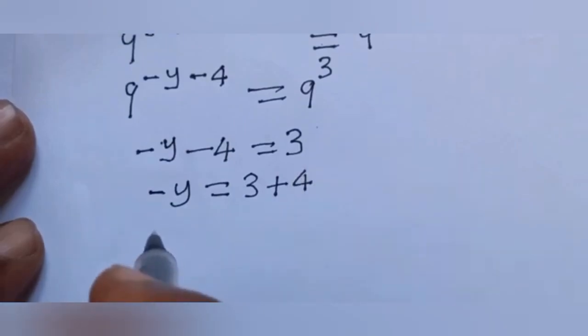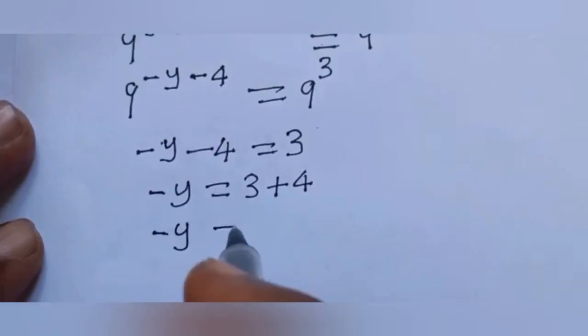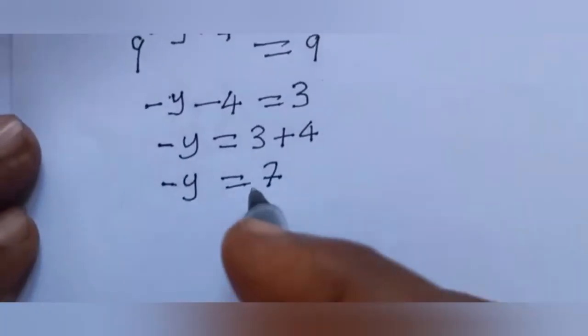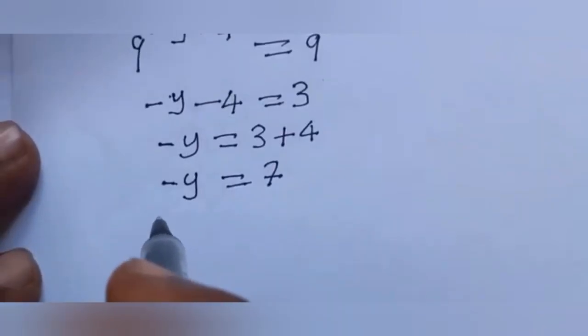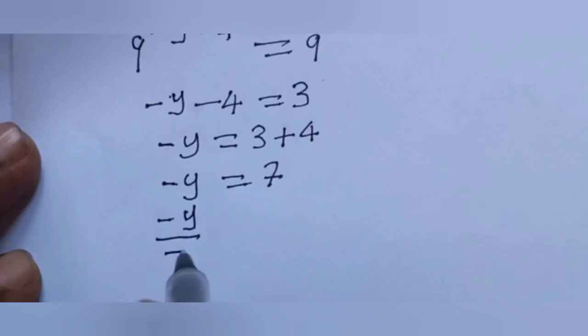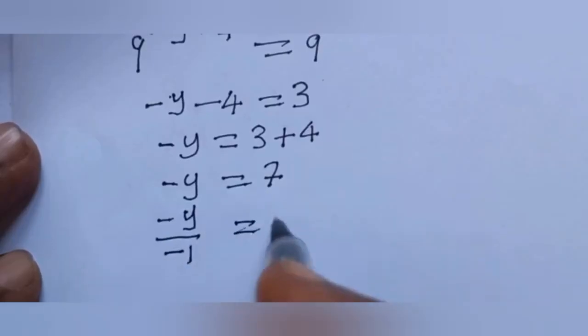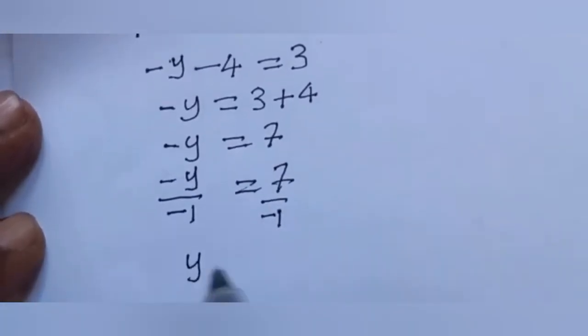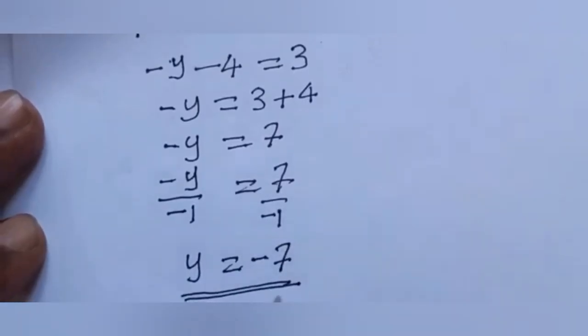So we have negative y equals 7. Then divide by negative 1 both sides. We have negative y divided by negative 1 equals 7 divided by negative 1. We get y equals negative 7. This is the value of y. The value of y is negative 7.